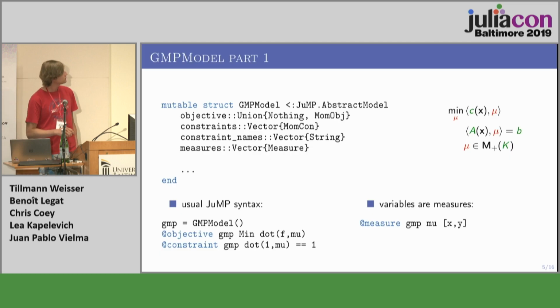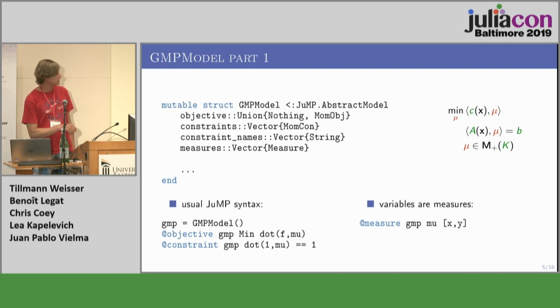Because I defined it as an abstract JuMP model, I can actually use the JuMP syntax and the JuMP macros as Benoît explained before. So when I want to create my model, I would just do jmp equals GMPModel, as you would do in JuMP. Then I would add an objective by saying add objective GMP, in the sense of the optimization, and the scalar product between my function and my measure mu.